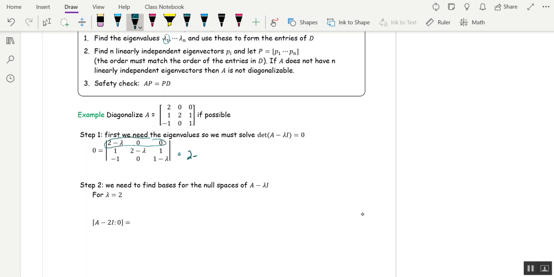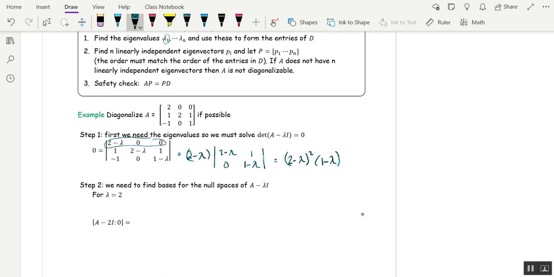That's 2 minus lambda times the subdeterminant, 2 minus lambda, 1, 0, 1 minus lambda. So that determinant's 2 minus lambda times 1 minus lambda. So altogether, we're going to have 2 minus lambda quantity squared times 1 minus lambda.